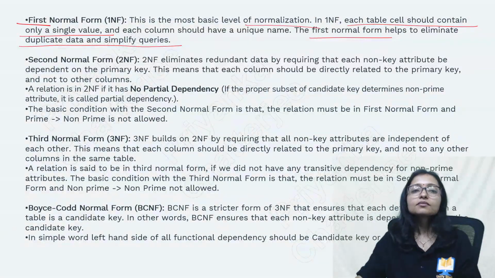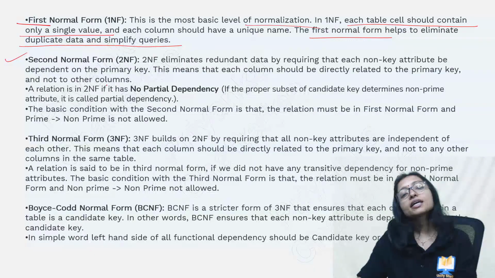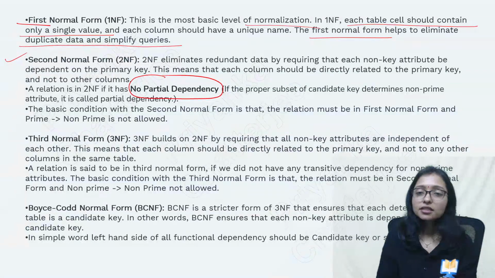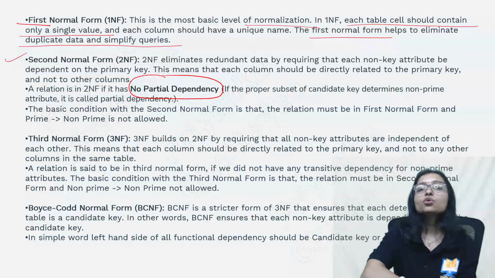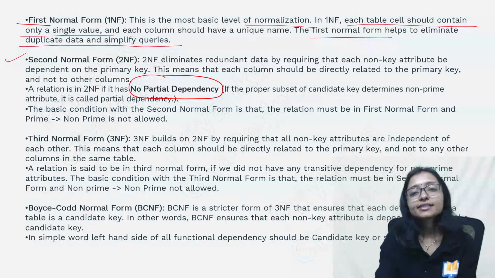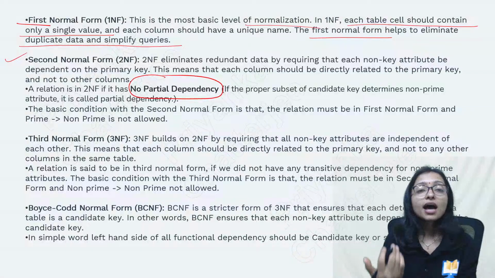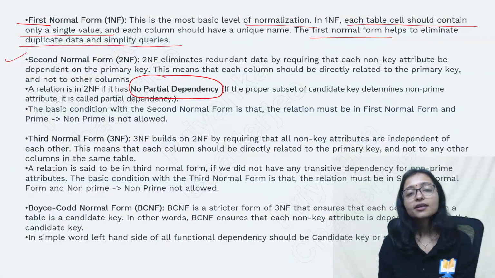Now one by one, restrictions are introduced. In second NF, one restriction is introduced: it does not allow any partial dependency. Now what is partial dependency? For that you need to know candidate keys. What is a candidate key?